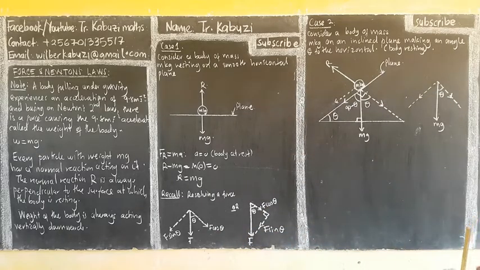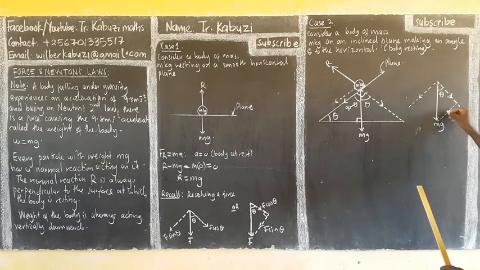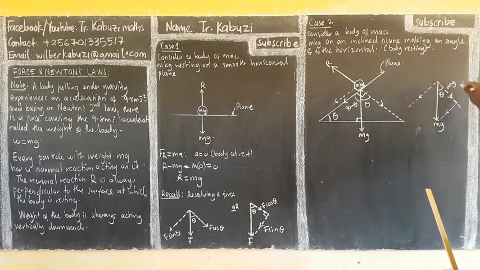Now you can see that this force is going to be parallel to this. This is parallel to this. So this one is adjacent, so this one is going to be mg cos theta.